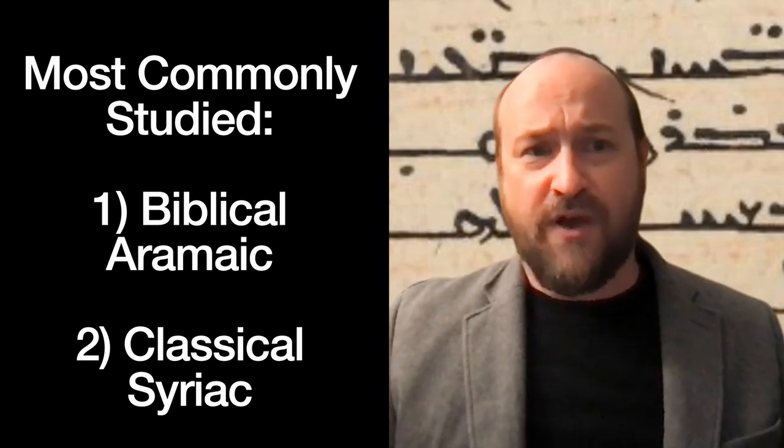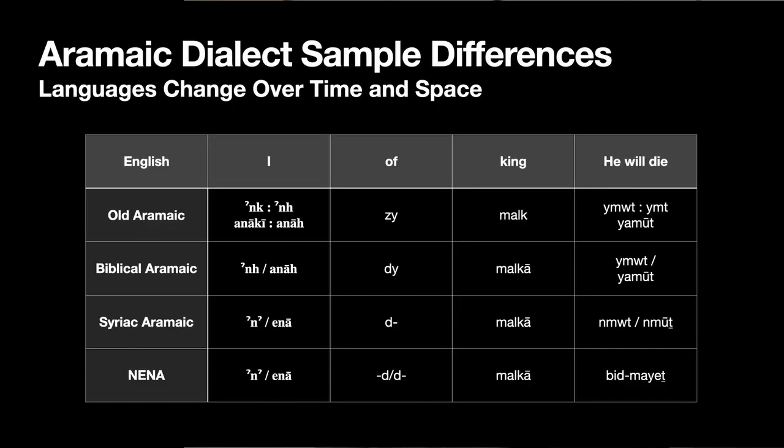Now, just for fun, I'm looking at a comparison of a number of Aramaic terms here. The languages are very similar. Some verbal forms are different. So looking at these dialects, just look at the first common singular pronoun, I, right?